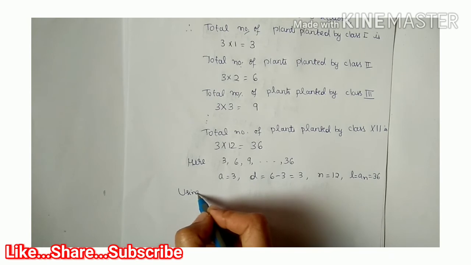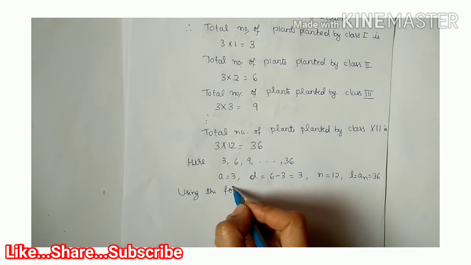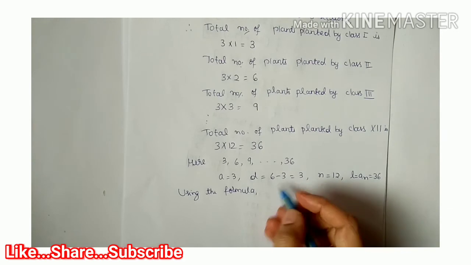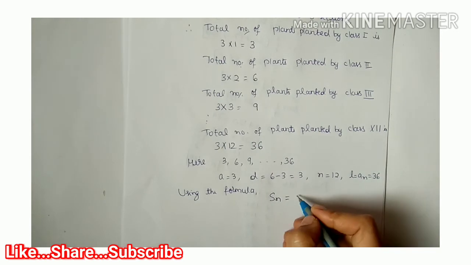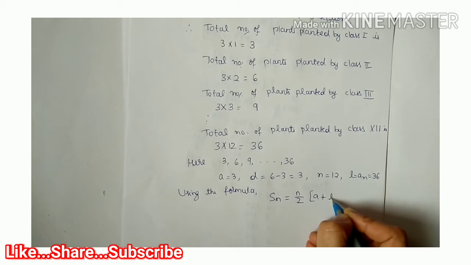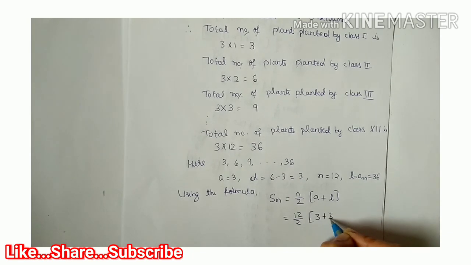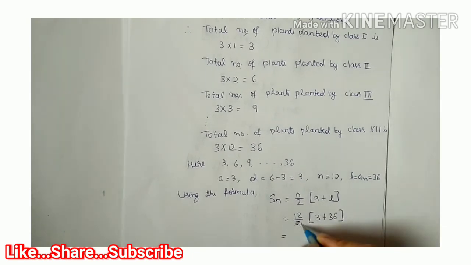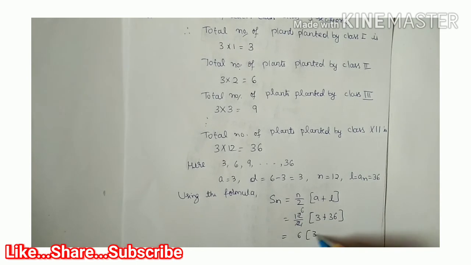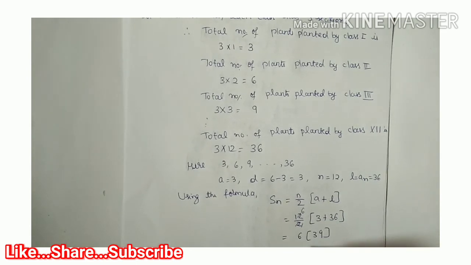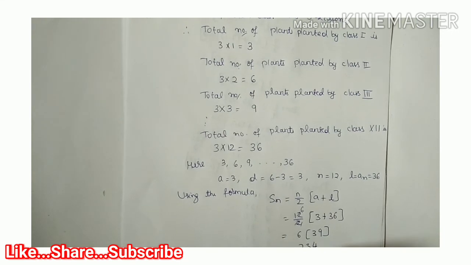Using the formula, we know first term and last term, therefore sum of first n terms Sn is equal to n by 2, first term plus last term. 12 by 2, first term 3, last term 36. 6 into 39 is 234.